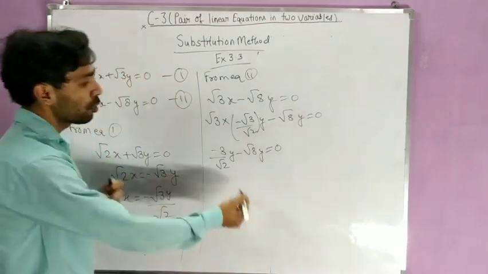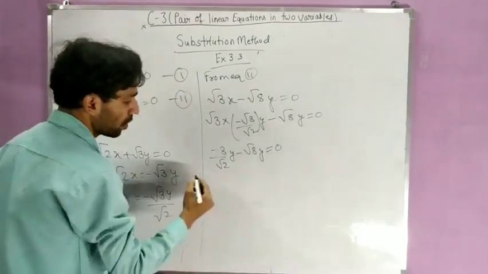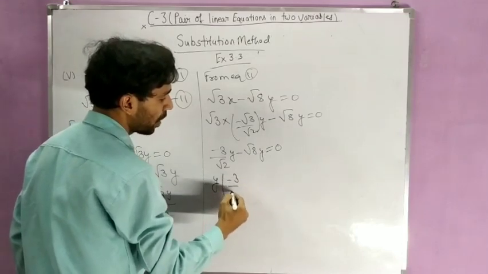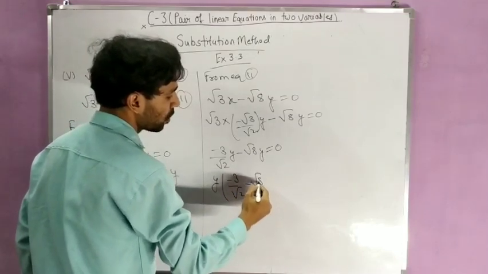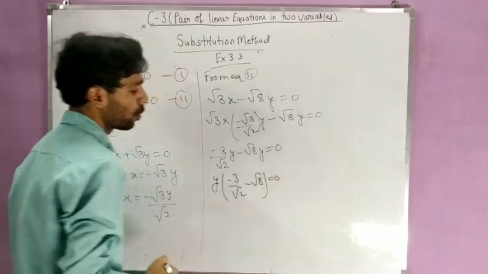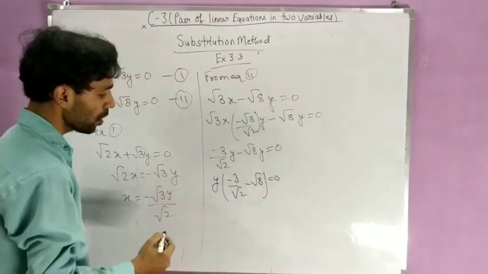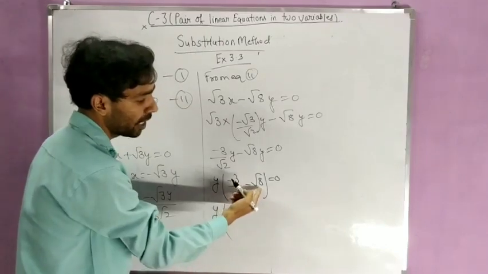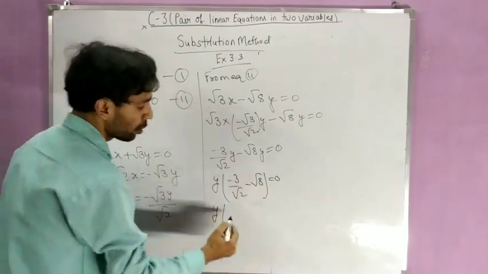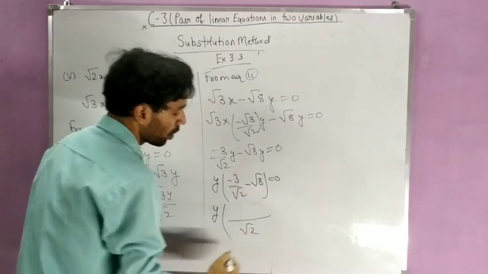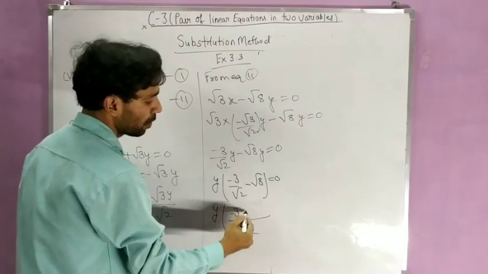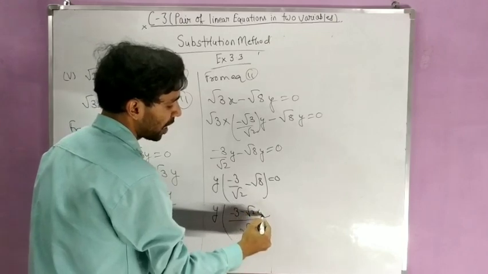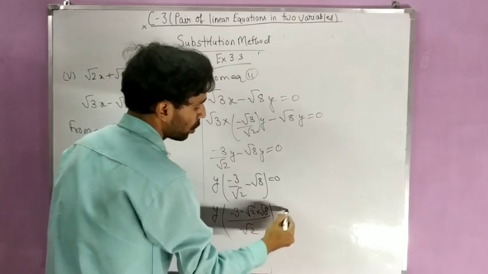Okay. So now student, you can take y as a common. When you take y as a common, you will get minus 3 by root 2 minus root 8 equal to 0. Now when you solve it, root 8 upon 1, so LCM will be root 2. So it will come minus 3 minus 2 into minus equal to 0.